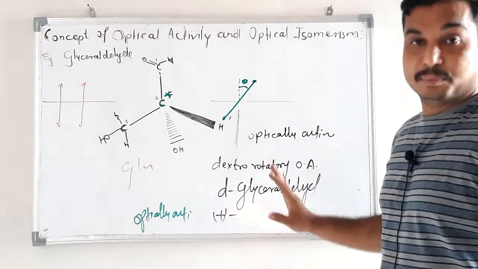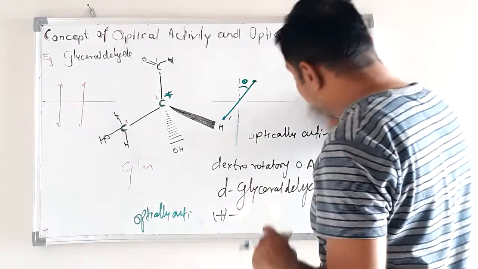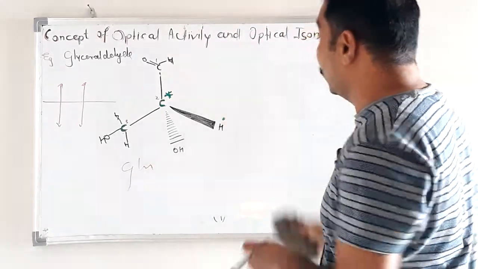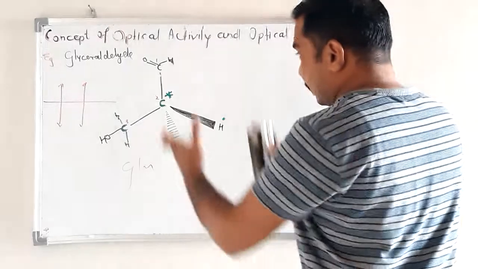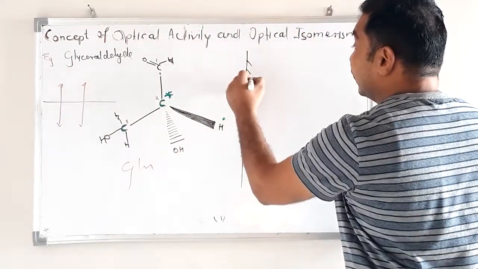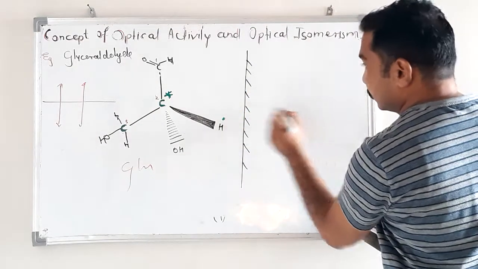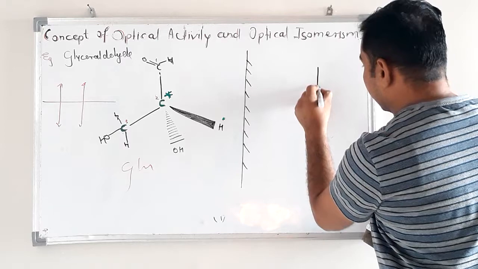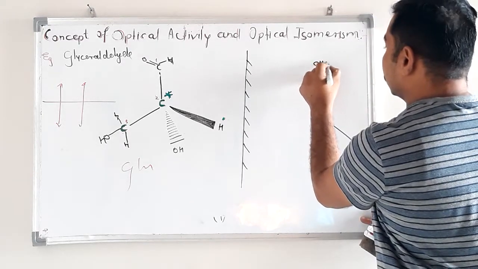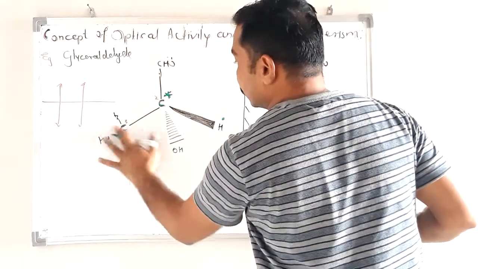Optically active compound. Now what is the difference between these two, dextrorotatory and levorotatory? It is found that they are exactly mirror images of each other. CHO, just write in this way, CHO.